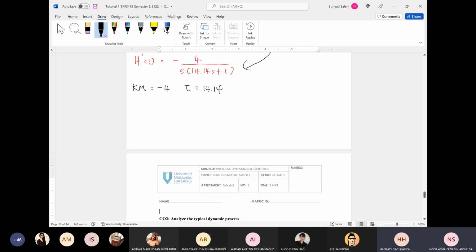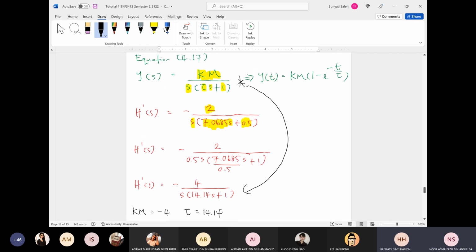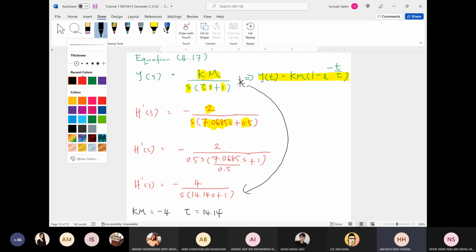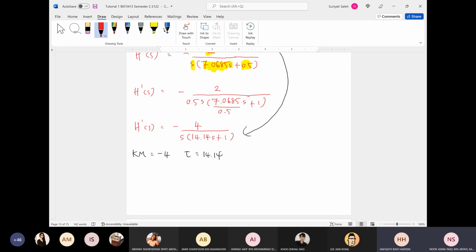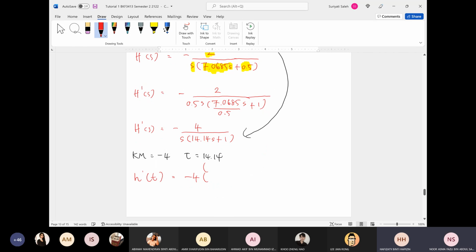By having this, that means I can use the following inverse Laplace. So y t, which becomes h prime t, equals Km, negative 4, times 1 minus exponent negative t over 14.14.